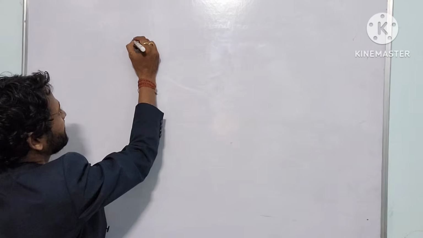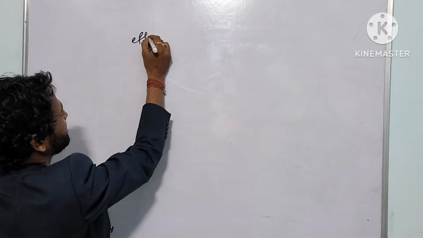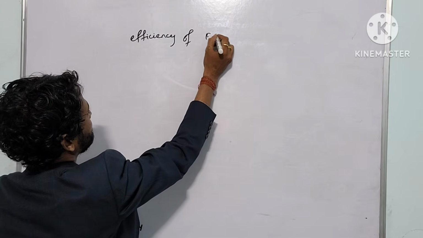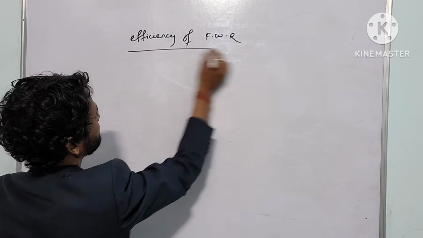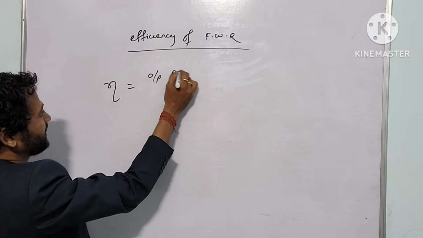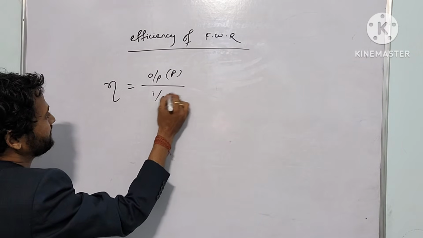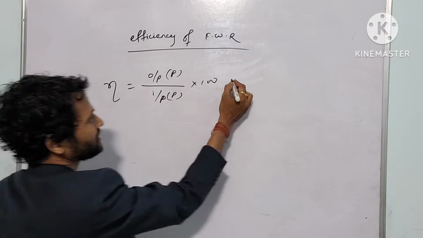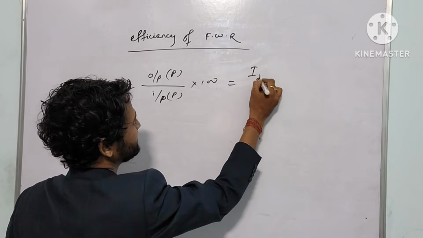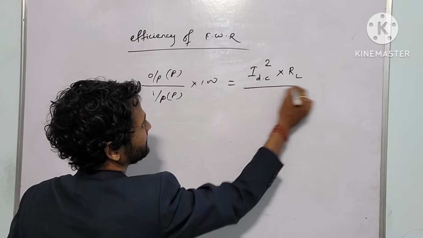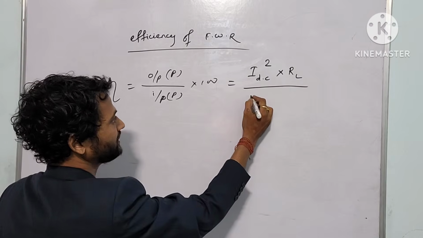Now we'll discuss what is the efficiency of full wave rectifier. Efficiency of full wave rectifier, right? Again same thing, efficiency is nothing but output power by input power into 100, okay. So what is output power? IDC square into load resistance which is RL, and what is input power?